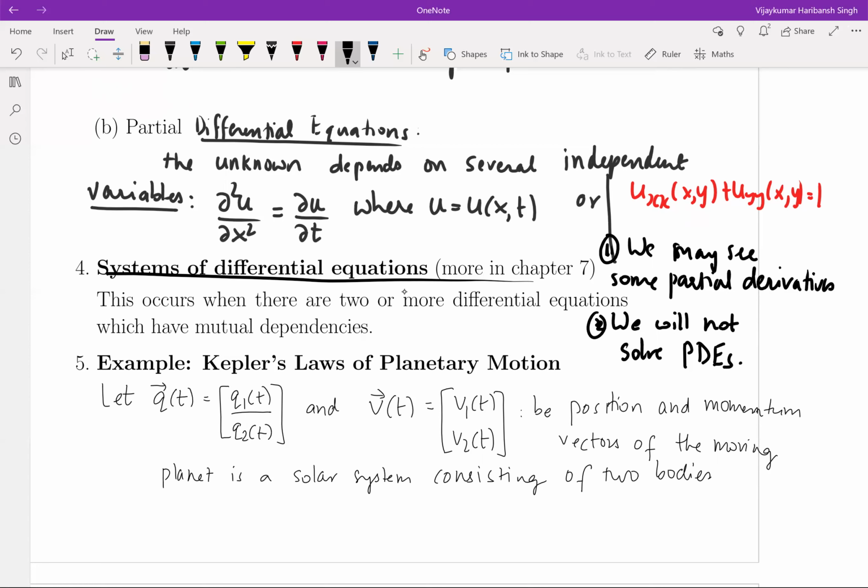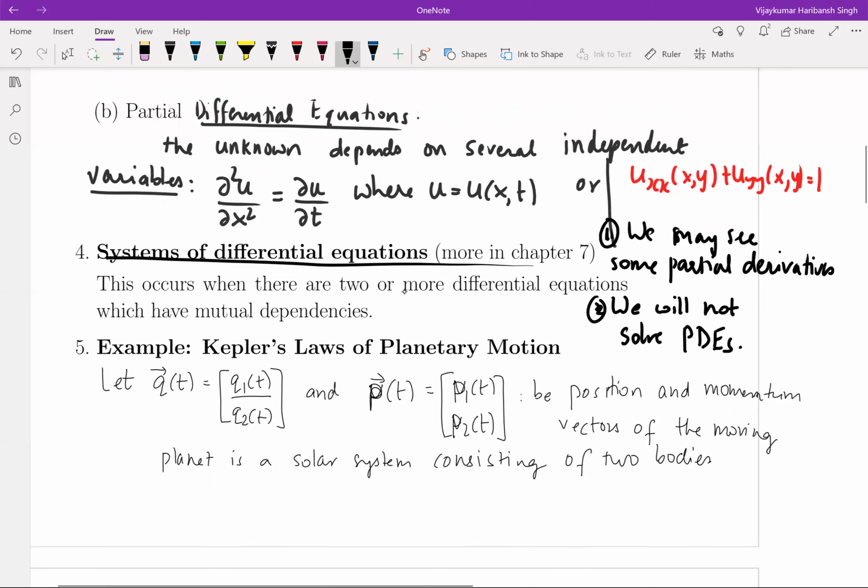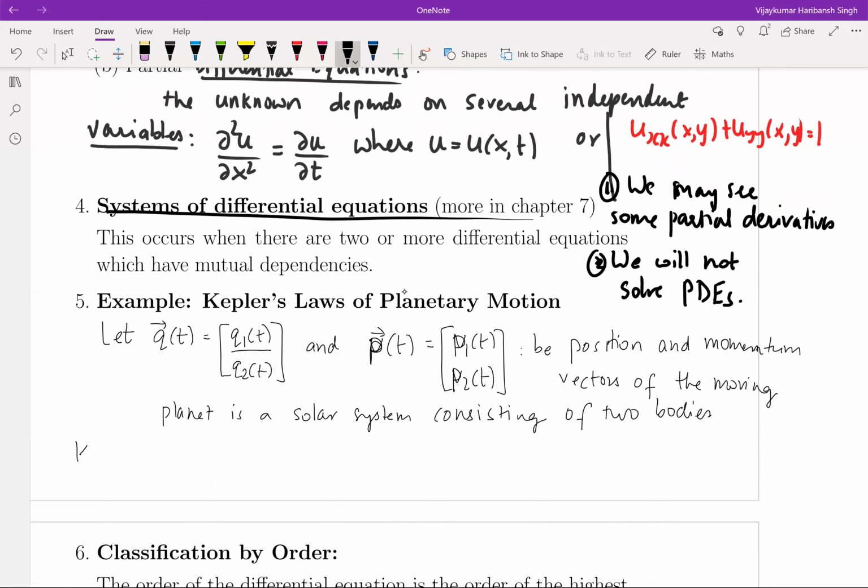Then they are related in a certain way. So what is the relation? Generally the momentum is given by P, where P equals mass times velocity, but let's just keep P. So P1(t) and P2(t). Then the relation between these two is given by what is called Kepler's law.